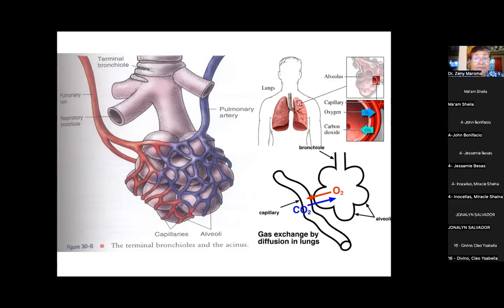May deep vein thrombosis siya sa paa because the client is bedridden, paralyzed, there's decreased mobility. So, pwede siya magkaroon ng DVT, deep vein thrombosis, at nabakbak, nabaklas, bumara. It goes with the circulation, and bumara dito sa pulmonary artery branch.